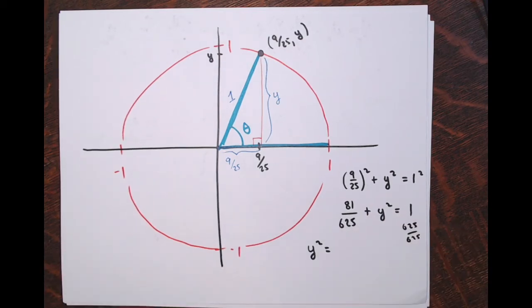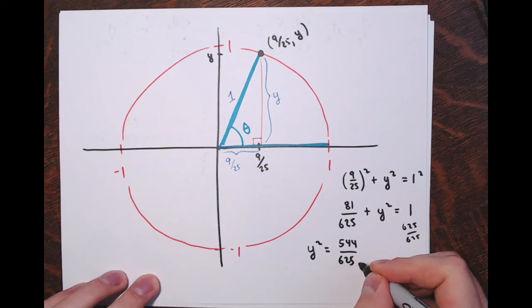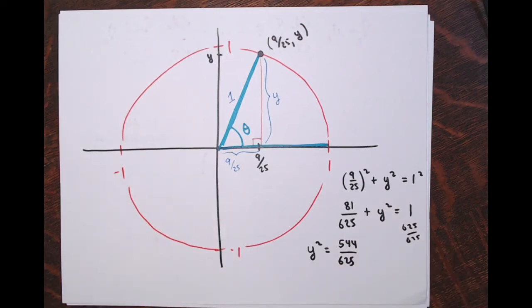Subtracting 81 gives 544. So 544 over 625.